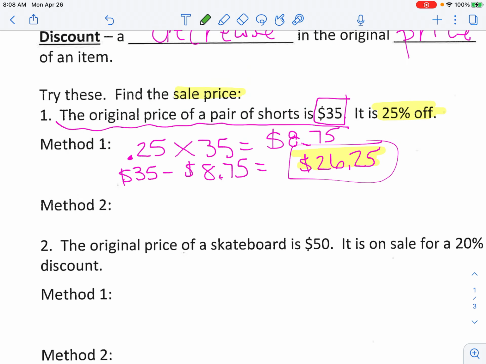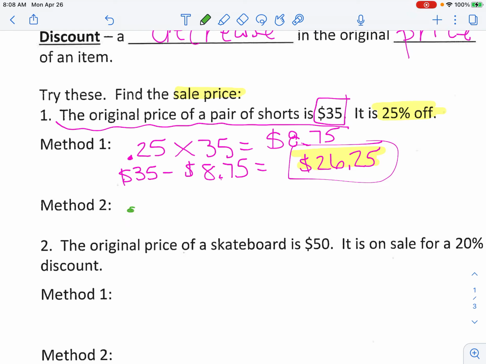Okay, I'm going to choose a different color so we can differentiate between the two methods. Method number 2 is if the shoes are 25% off, that means that you're paying 75% of the cost. So there is a method to do this in one step.